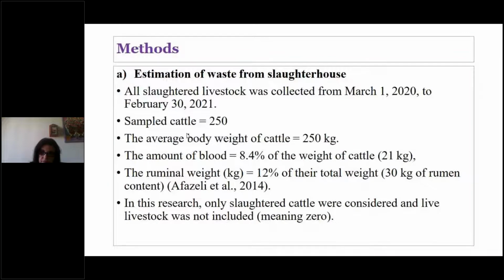As a result, the average weight of each cattle was estimated to be 250 kilograms, and the amount of blood waste generated from each slaughtered cattle is 8.4%, which is almost 21 kilograms, and 12% ruminal content is removed from each slaughtered cattle, which is almost 30 kilograms per cattle. In this research, only slaughtered cattle were considered and livestock was not included.